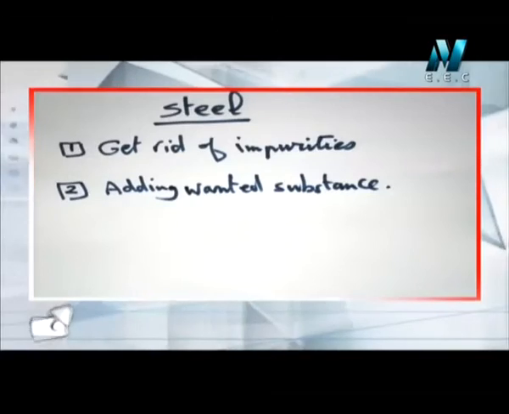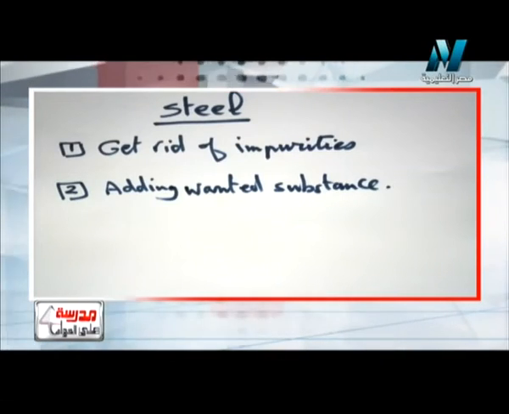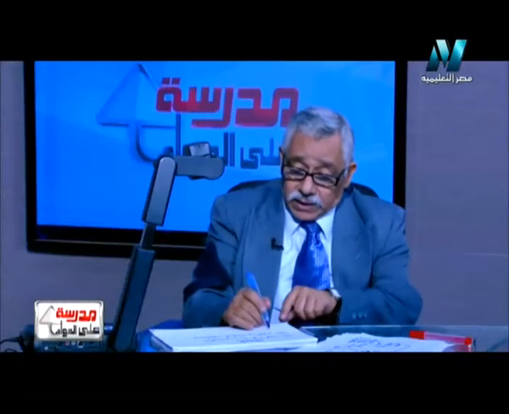This is steel for tools, for weapons, for whatever the uses are, or for building like reinforced steel. So we must add some elements needed to get certain properties of steel according to its uses. These are the two processes in order to get steel with a certain character.